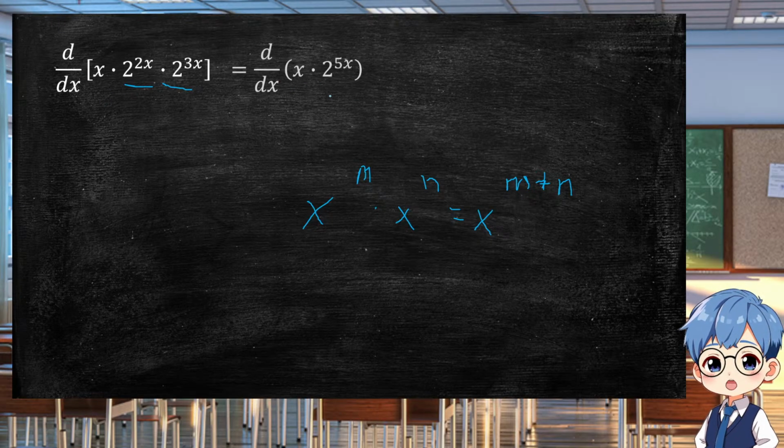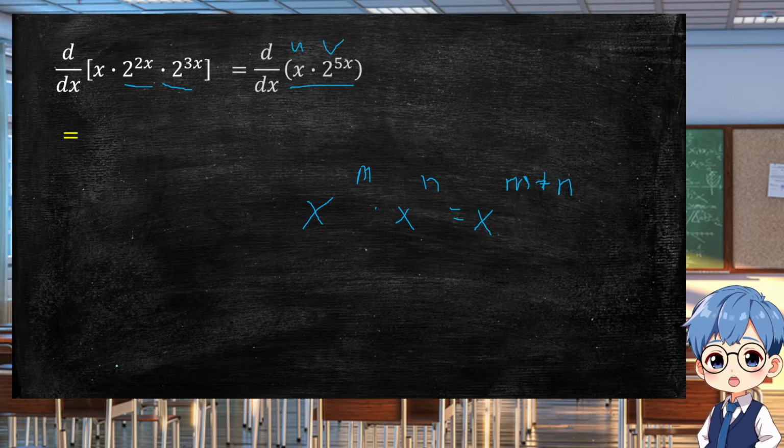So we have x times 2 to the power of 5x. We just add 2x and 3x. And this can be solved by product rule. So our u is x, our v is 2 to the power of 5x.